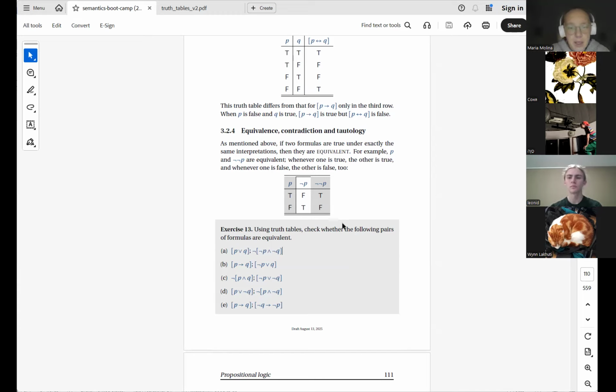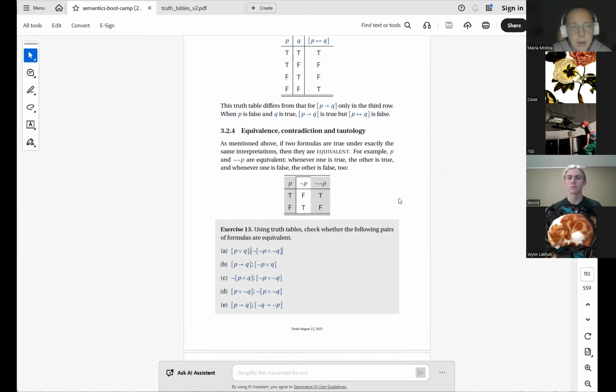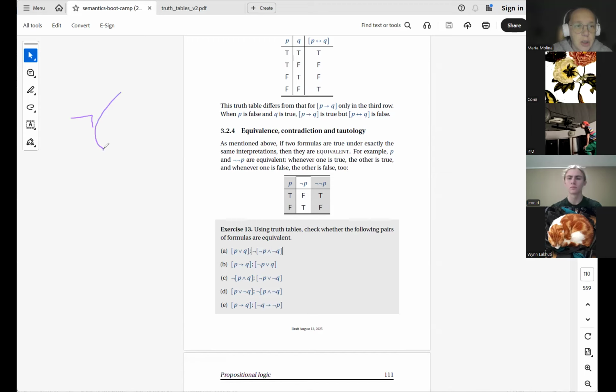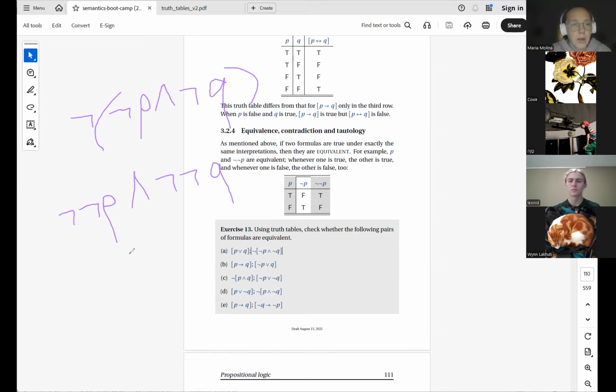And this transformation: one moment, negation of P and negation of Q, and then we transform it to double negated P and double negated Q, and then sorry, we must flip the operator.